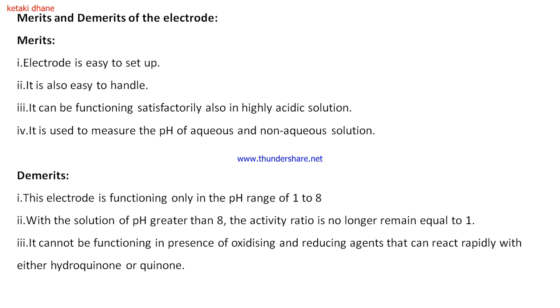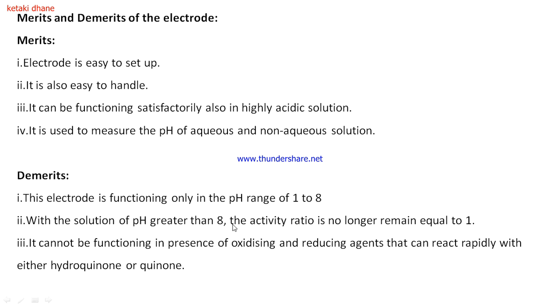Now there are some demerits of this electrode. This electrode functions only in the pH range of 1 to 8. That means this is the limitation of this electrode, that we can use it only in the pH range of 1 to 8.